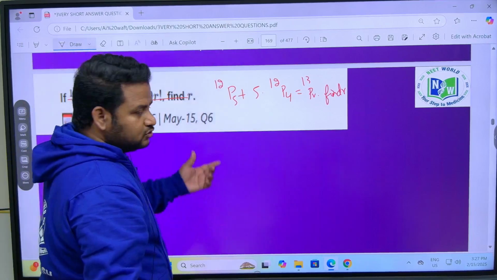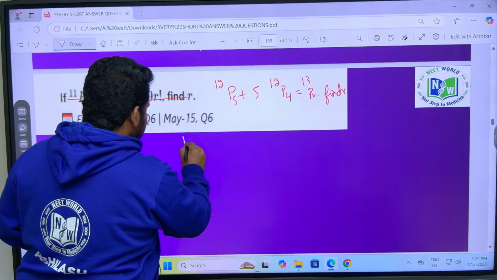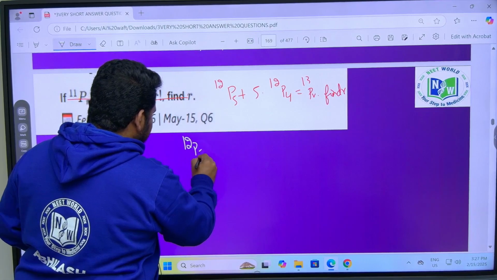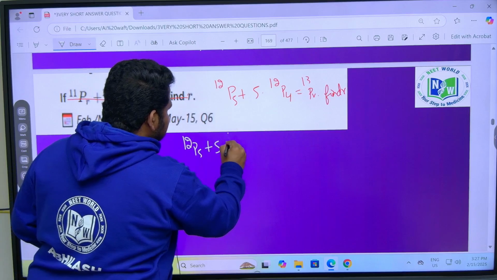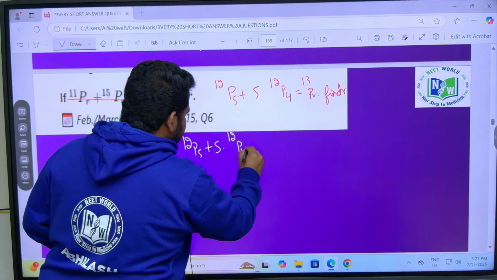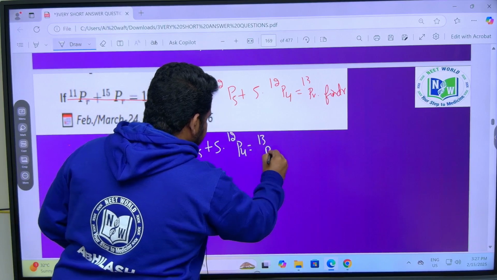Simple. So let us take what is given. 12P5 plus 5 times 12P4 is equal to 13Pr.